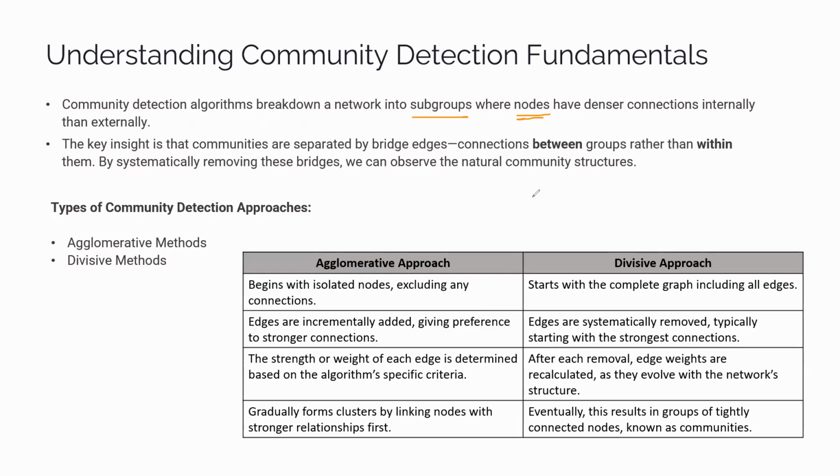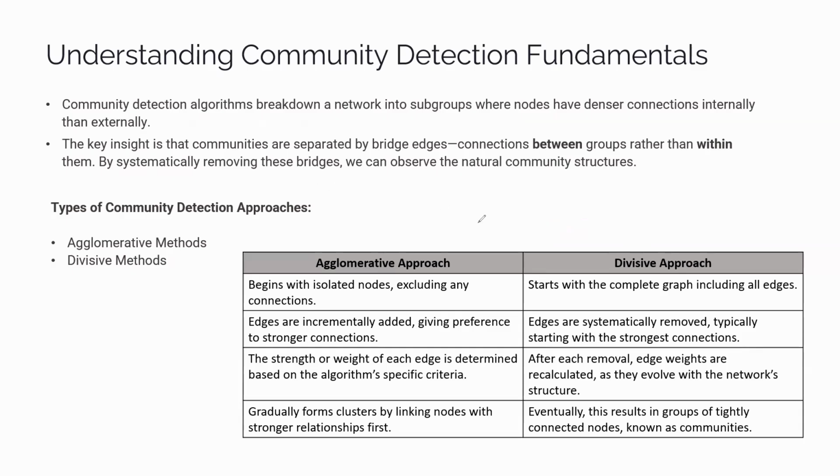That means if I have a subgroup like this, these nodes are interconnected, whereas here are the nodes which are interconnected in another group. So you can clearly see that there are two subgroups within this network. These are the communities that we need to detect.